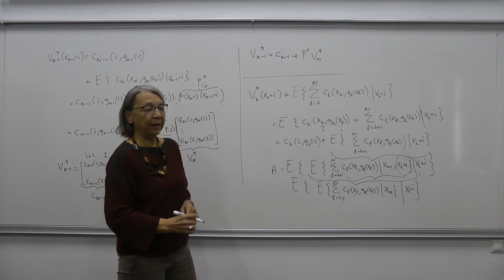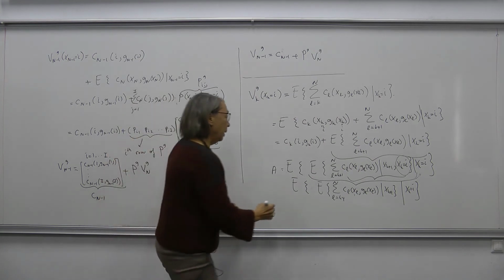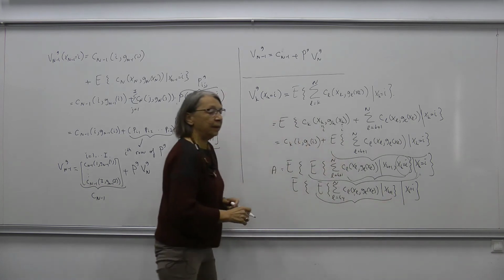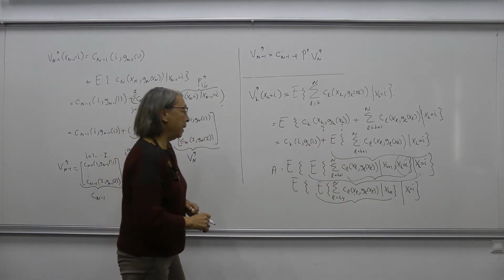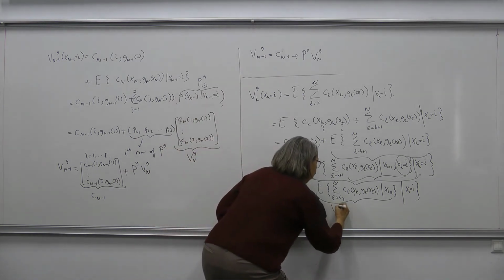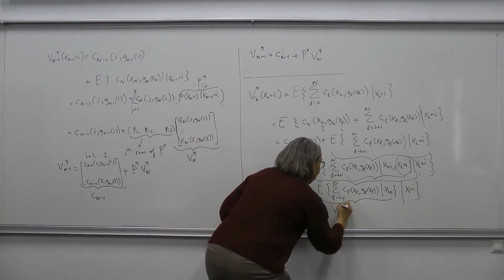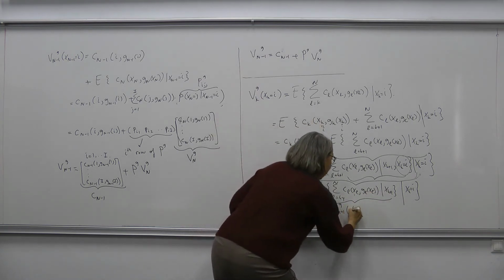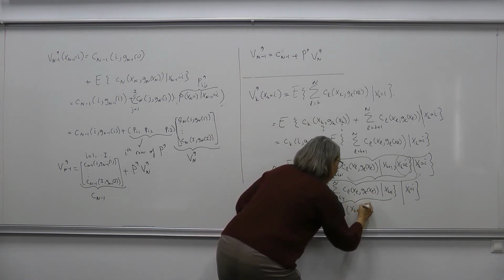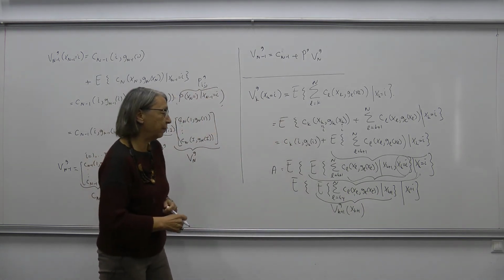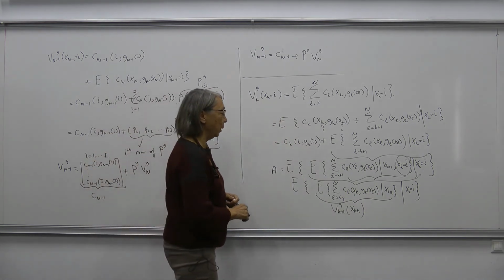We are very happy with this expression because now the first term is just the definition of our Vk+1. However, the state value is not given to us. It is left as a random quantity, so that the whole thing is a random quantity, which is a function of xk+1.